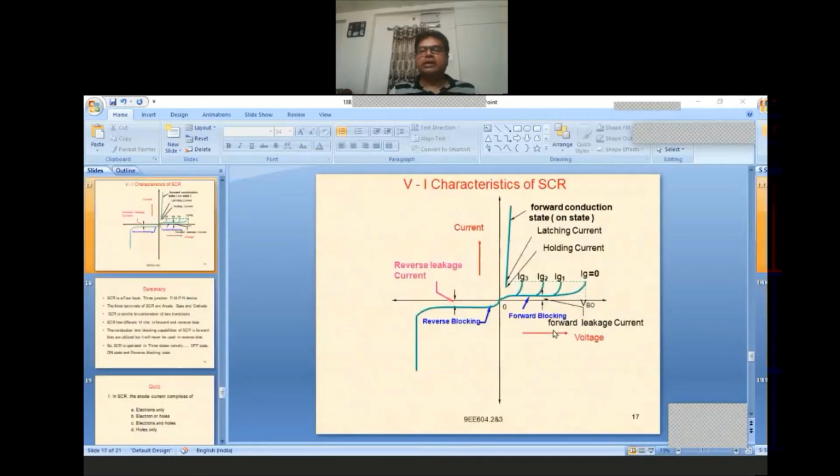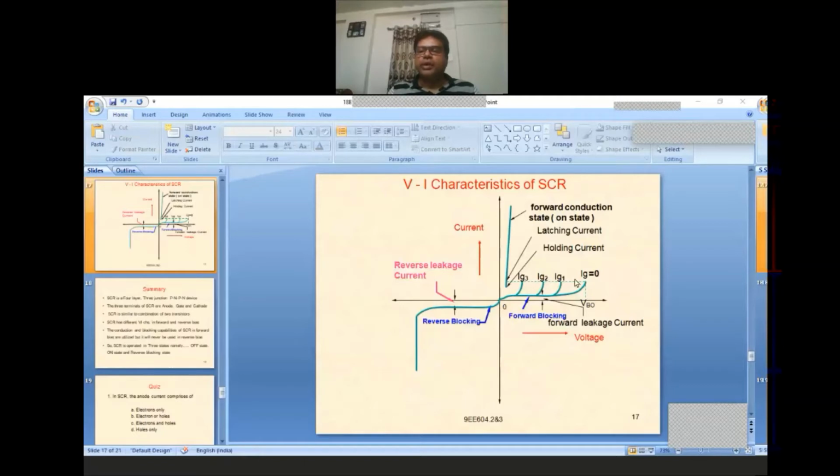The load starts to get voltage and current, and there will be a steep rise in the SCR current. The same current will be flowing through the load now as it is connected in series. But our main emphasis will be on the maintenance of the SCR in this on state or conduction mode, and what are the features of it.